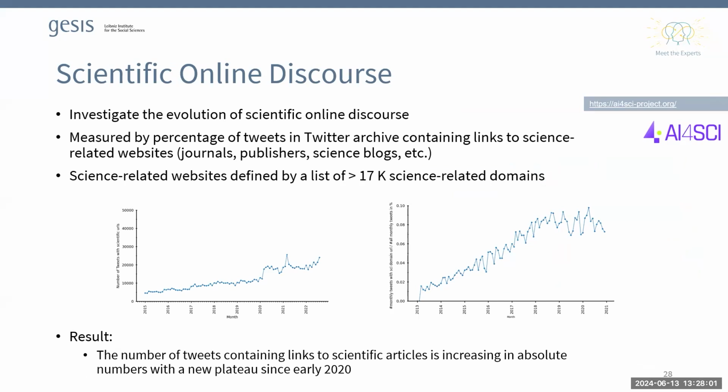And by leveraging this Twitter archive that we have, we could then see that not only the absolute number of tweets with links to these science-related websites increases, but also the relative amount of tweets. So basically we can see this as a proxy that the whole scientific online discourse on Twitter is getting more popular and having a larger proportion of the overall discourse on Twitter since 2013.